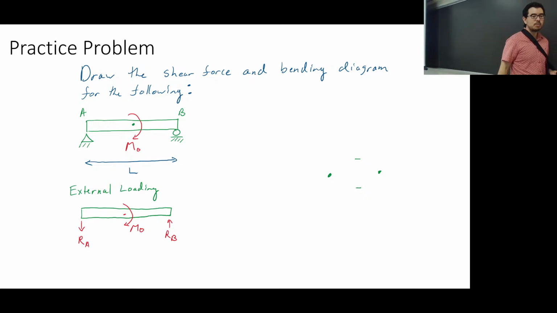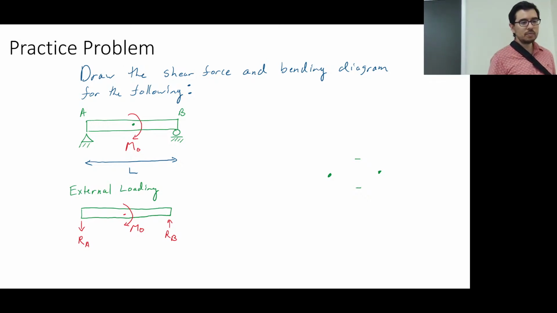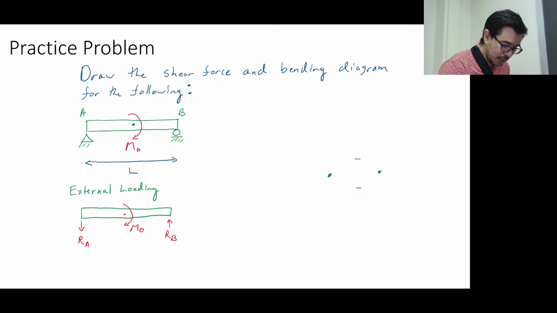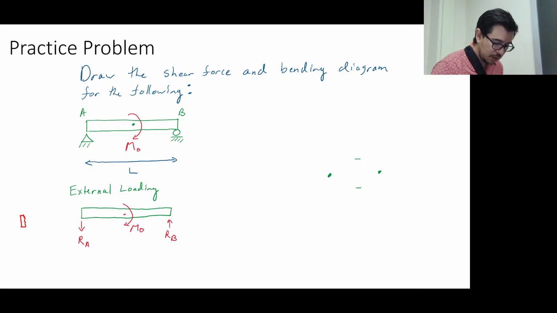What's the next step? What's another thing that we do? Yeah, internally. So it's probably a good idea to come over here, on the left side, and of course this is pinned and this is roller, so there can be no moment applied there.